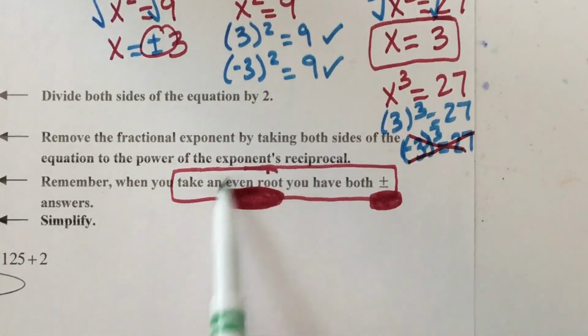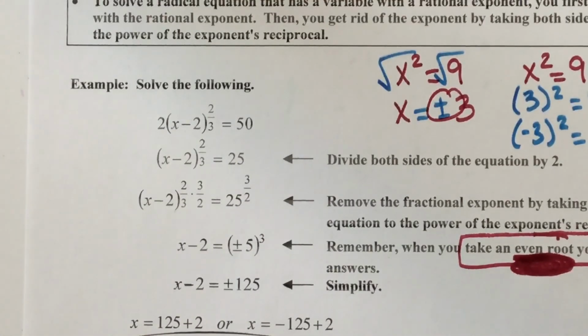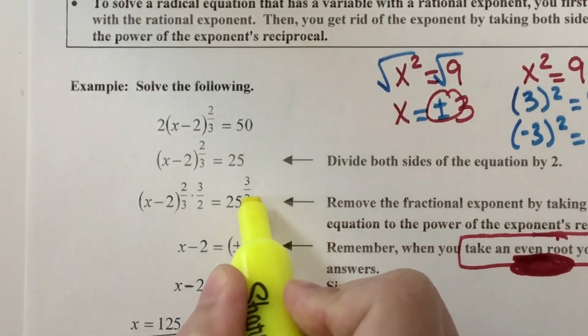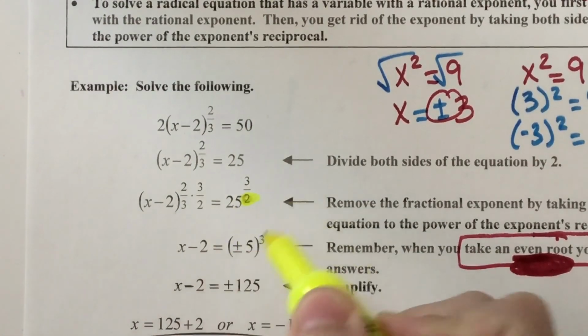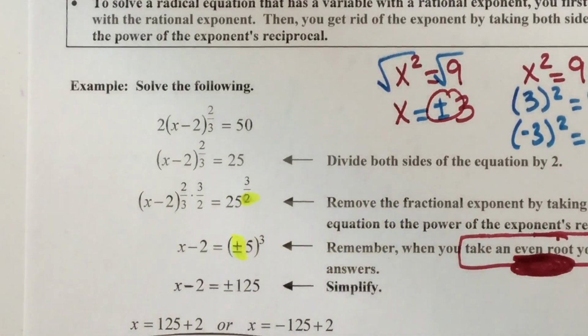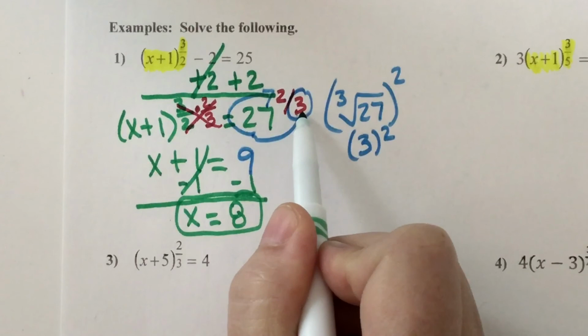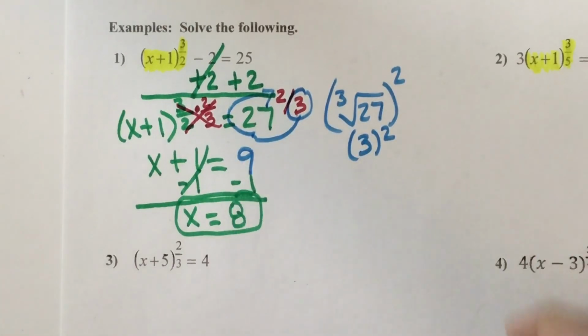Because when you take an even root, there's a plus minus. Okay, so basically, if this denominator is even, then we will have a plus minus in the next step. Okay, if the denominator is not even, you will not have a plus minus in the next step.